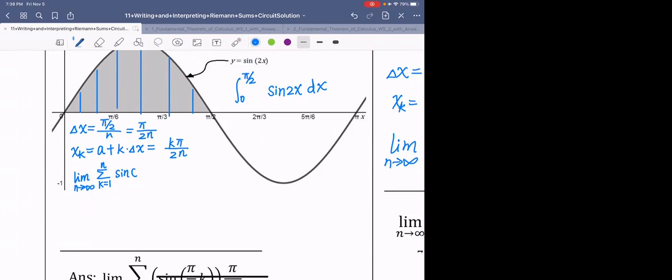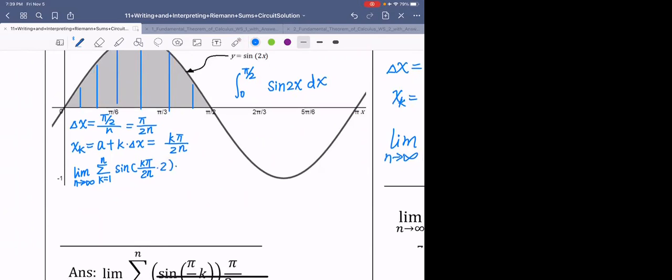Okay. So then you do, it's sine k pi over n. Because it's times 2, right? Yeah, and 2 will cancel. And then times k pi over 2n. Oh, wait. Isn't it just change in x?